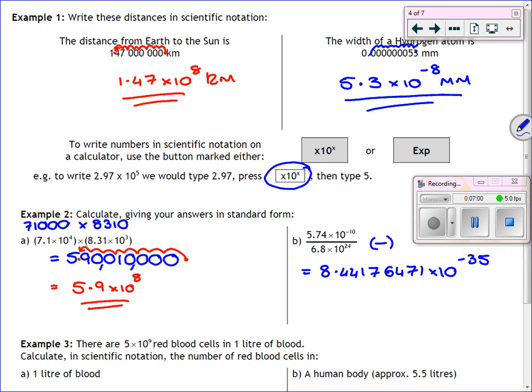That's enough. So that would give me approximately 8.4 times 10 to the power of minus 35, which is a number that's 0.000 with 34 zeros, then we get to 84. Very, very, very small number.